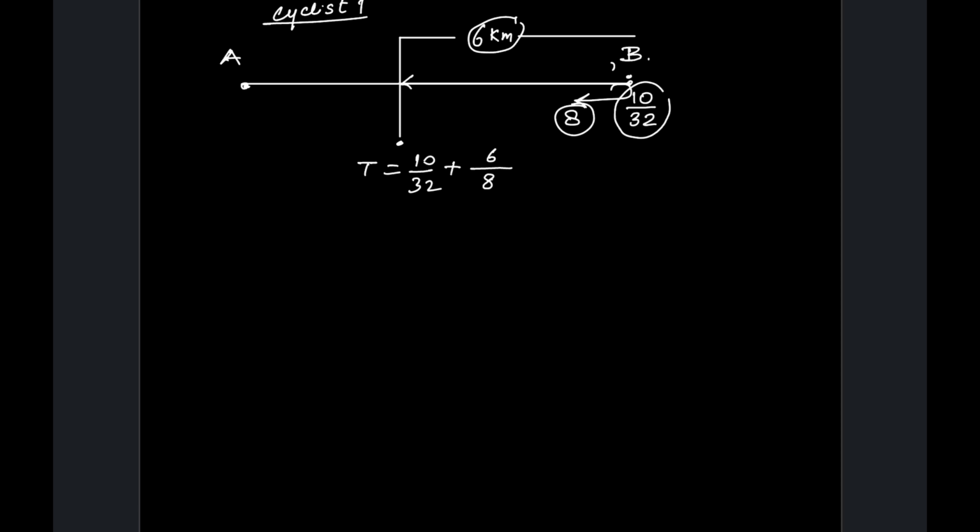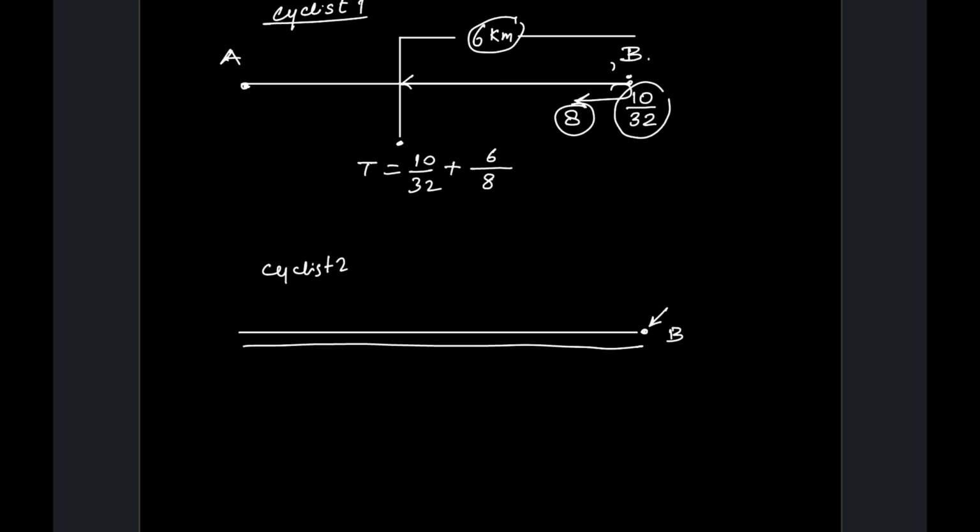For cyclist 2, starting from this position from B, it will reach A at a time 10 by 8, because 10 kilometers is covered at a speed of 8 kilometer per hour. And then cyclist 2 will return by 4 kilometer.